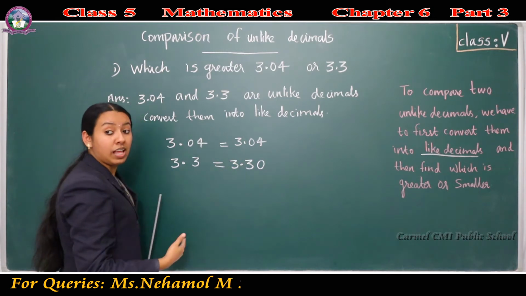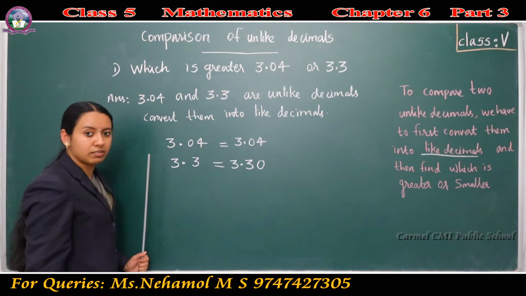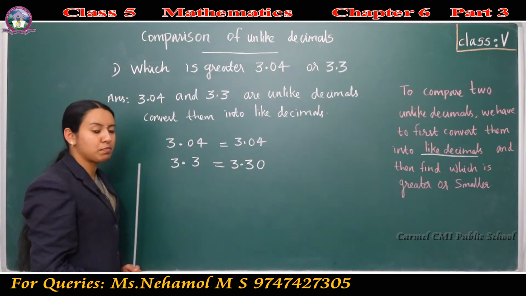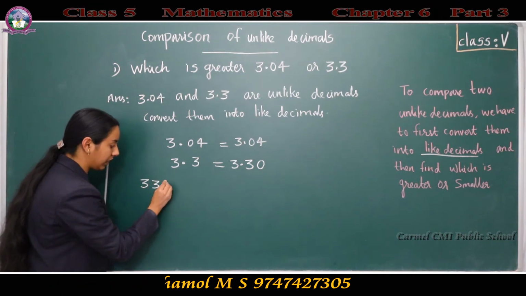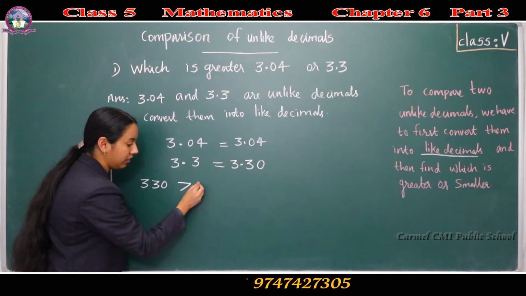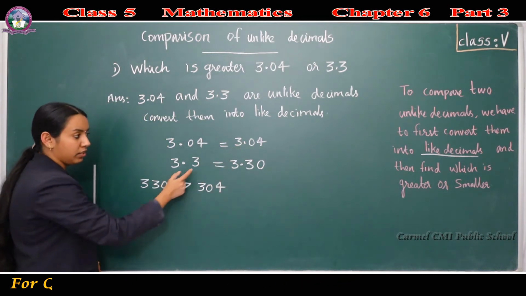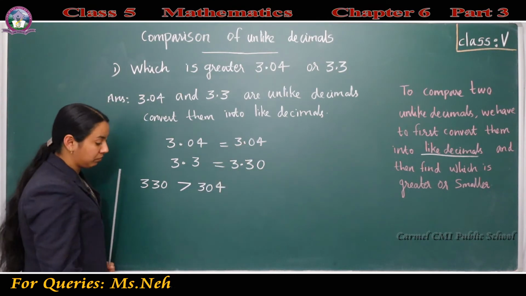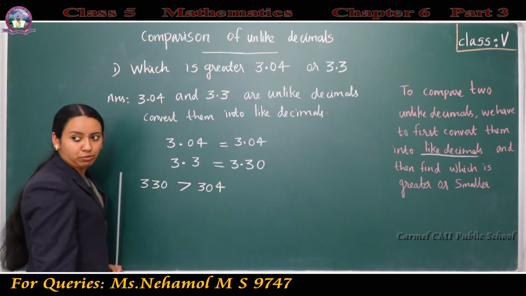They become like decimals. Now, how can we compare like decimals? Compare the numbers ignoring the decimal points. We know that 330 is greater than 304. Without decimal point, the first number is 304 and the second number is 330. And 330 is greater than 304.